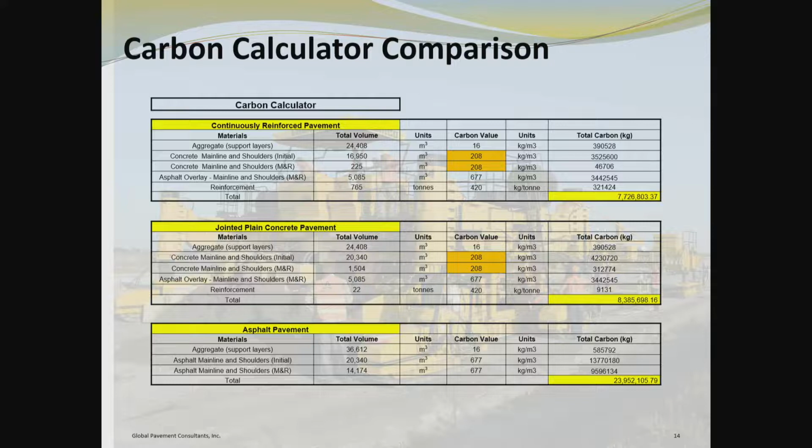So these numbers are published numbers. And those numbers are somewhat variable, and if you look in the literature, you can find different values, but those are pretty representative. The ones that have the orange crosshatch, that is 208 kilograms per cubic meter. That assumes that you're using some type of supplemental cementitious material besides pure cement.